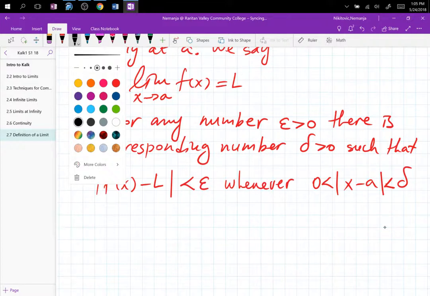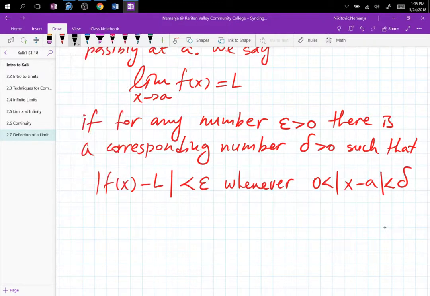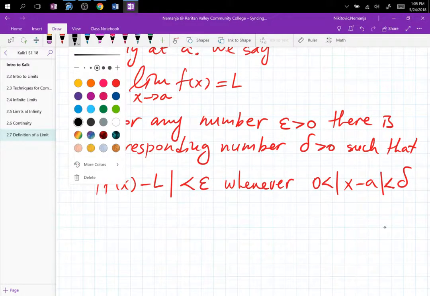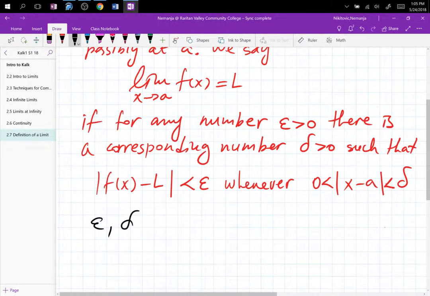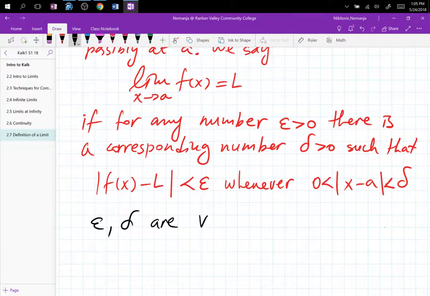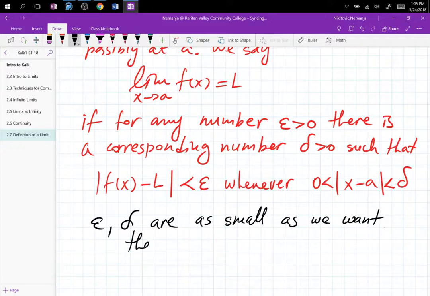They are numbers that are extremely, extremely small, right? So they go to 0. So epsilon, delta are as small as we want them to be.